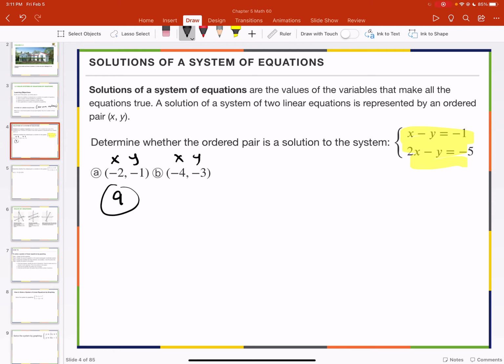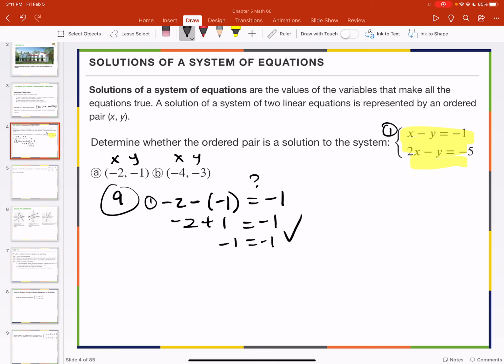Plugging it into this one, I'm going to do -2 minus -1 is equal to -1. So we're asking if that's true. -2 plus 1, that is -1. So yes, this point fits half of it. But now we have to plug it into the second equation. So 2 times x is -2, minus a -1.